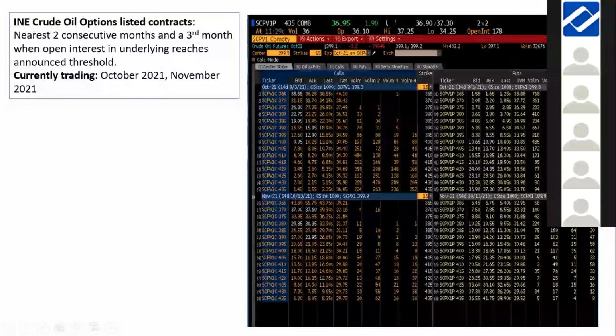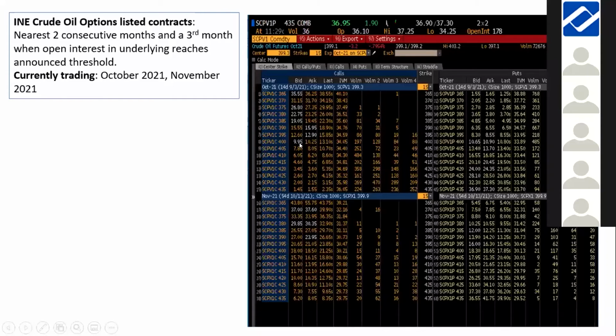So here we can look at it in this chart. This is a screenshot of what is available in the INE options. We have October and November contracts. I'm showing 15 strike prices in here. You can see that the bids and offers are pretty tight all the way through.